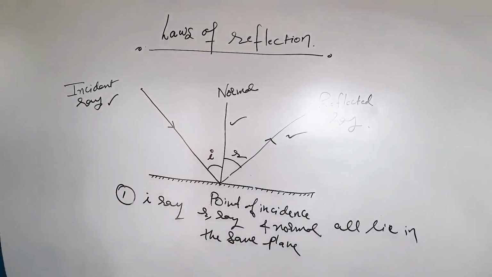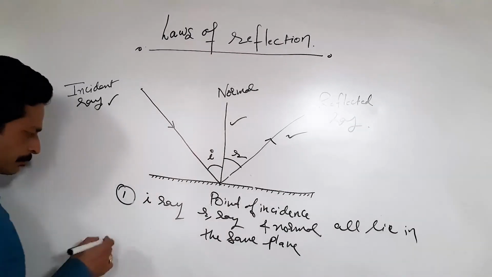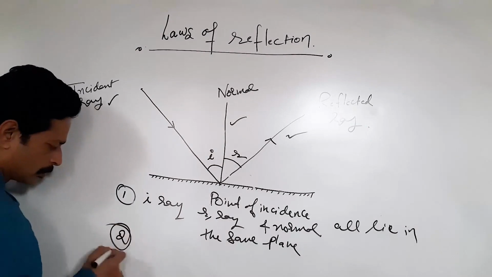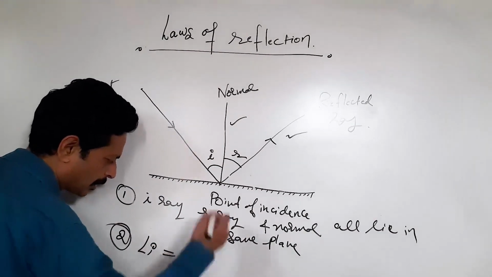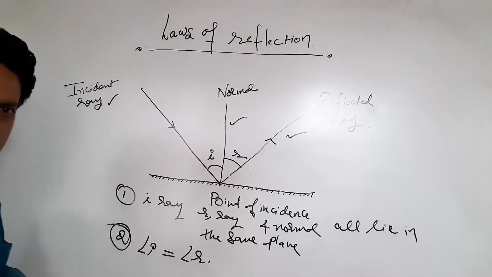It means the incident ray, reflected ray, and normal all lie in the same plane. Okay? Number two, the angle of incidence is always equal to the angle of reflection.